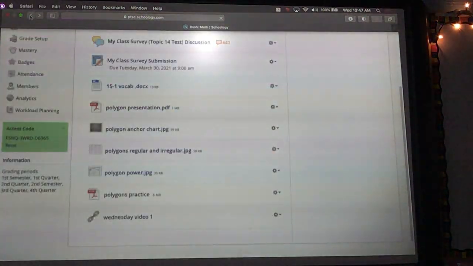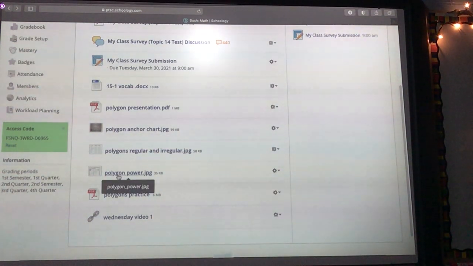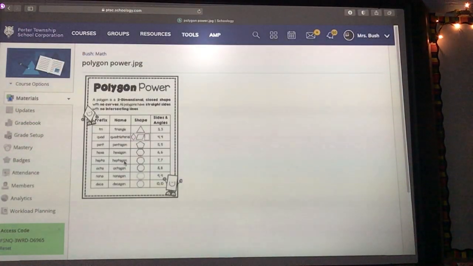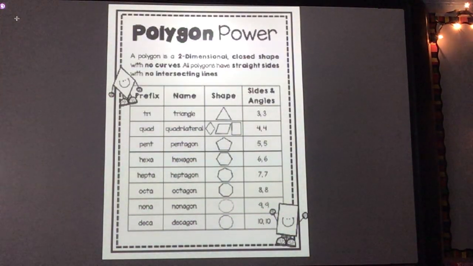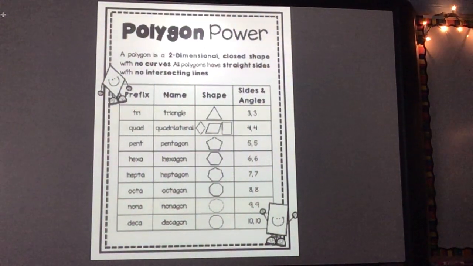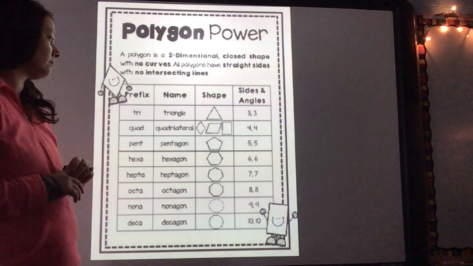All right, if we head back, we have one called Polygon Power. I like this one. So Polygon Power is a good one to study for your quiz, cough, cough, wink, wink, because you are going to need to memorize. Remember, how many sides does a triangle have? How many sides does a quadrilateral have?